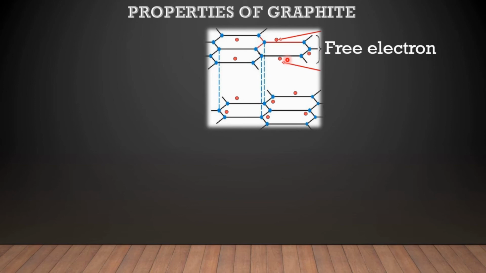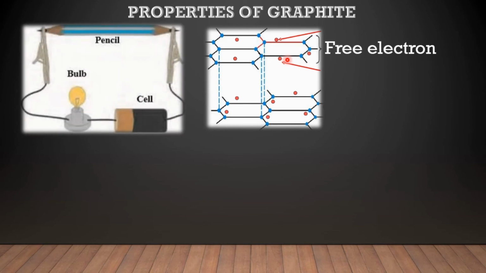Let us do one activity. Sharpen a lead pencil from both its ends. Now connect both the sharpened ends using electric wires, one end to a cell or the battery and the other end to a small bulb which is in turn connected to the other end of the battery.